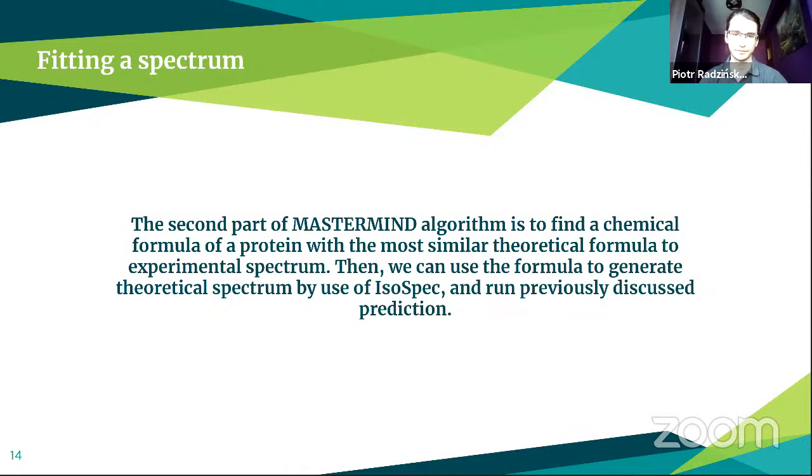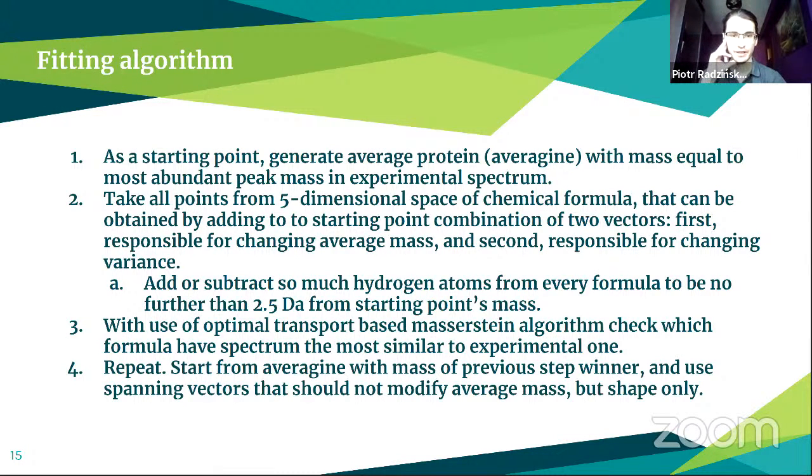And on this slide, I presented an algorithm, but the main idea of everything on this slide is that we want to take some set of chemical formulas, which are in, let's say, a 5-dimensional space of chemical formulas.